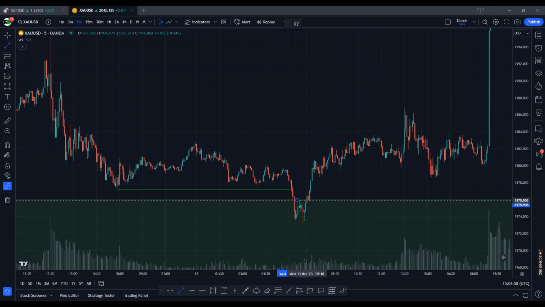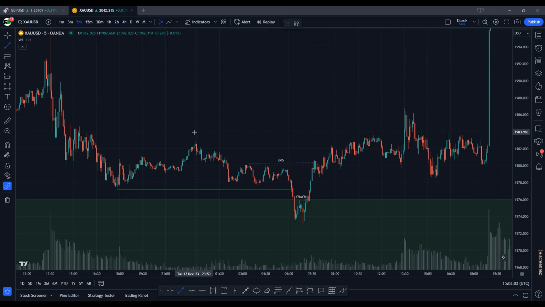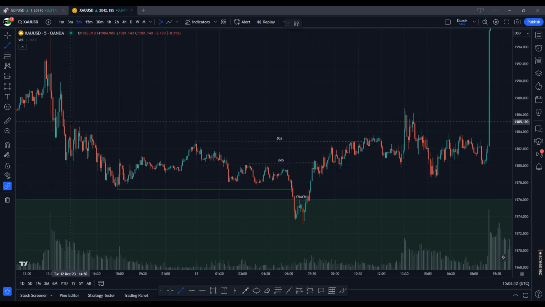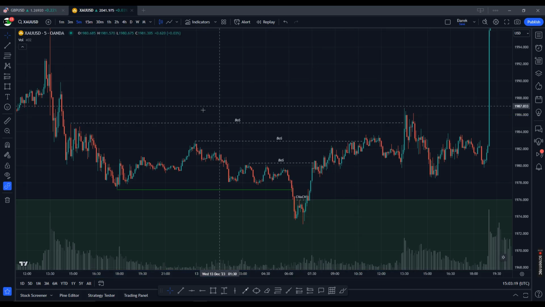We change character and break multiple structures. I think it's fair to say, even a blind person can tell the momentum has shifted and we are now bullish.